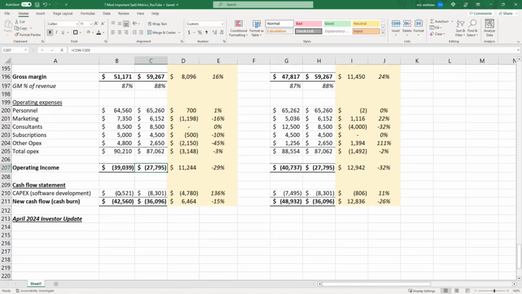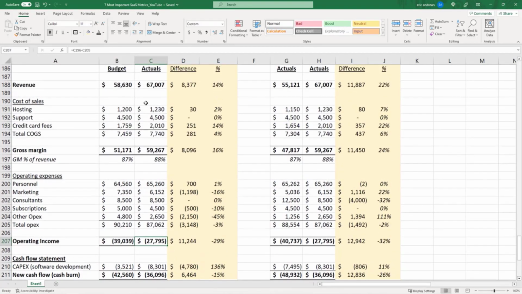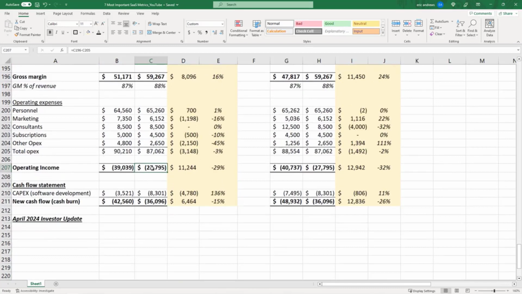So you always want to look to your cash flow statement, and you'll see that your operating income in April was negative 28,000, but your actual cash burn was negative 36,000. So just make sure you understand the difference between your burn rate and your negative operating income.